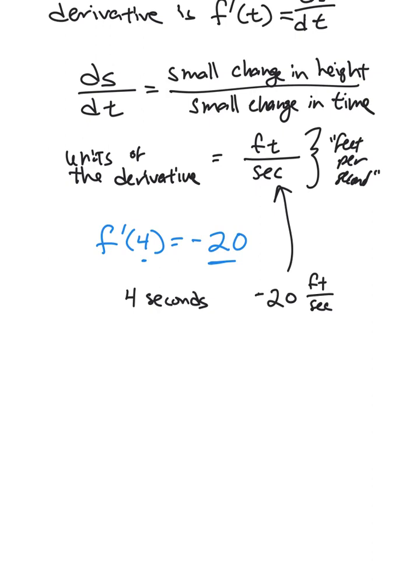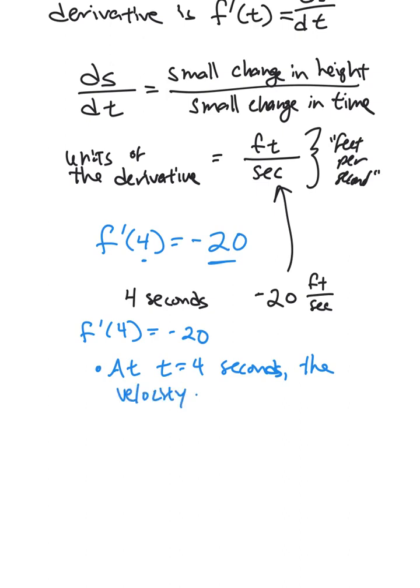And so these are valid interpretations of f prime of 4 equals negative 20. All three are slightly different ways to say this. At t equals 4 seconds, the velocity of the object is negative 20 feet per second. That's one way to say that.